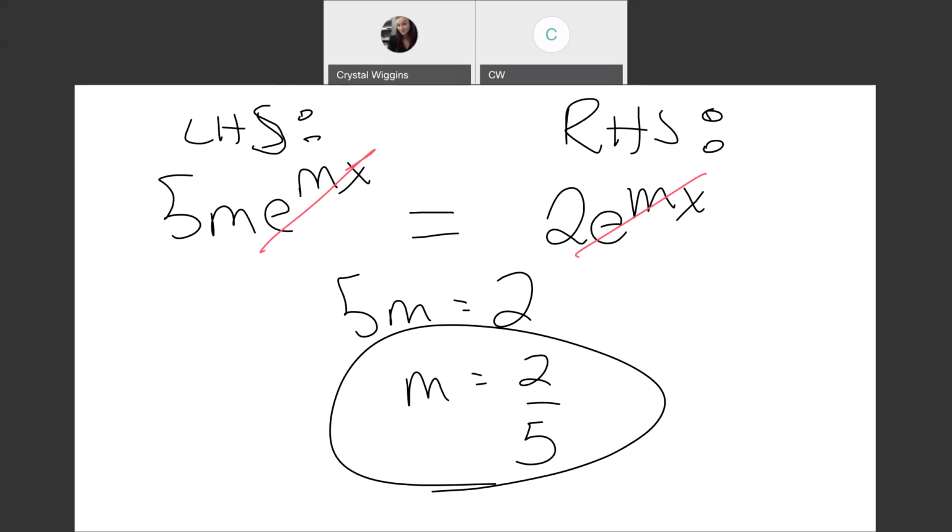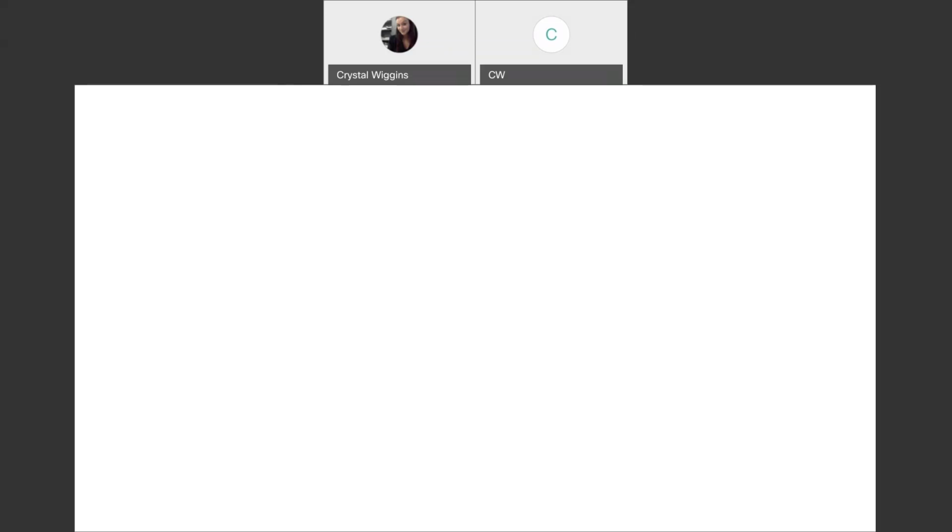Let's try one more of these examples. How about we try another one where we're looking again for the values of m, but this time the solution function is y equals x raised to the mth power. And the differential equation is x y double prime plus 2y prime is equal to 0.